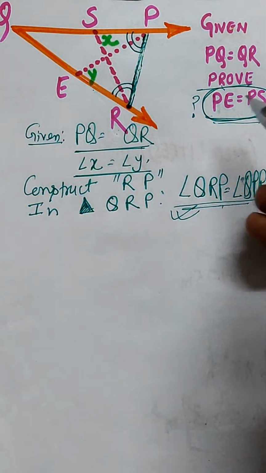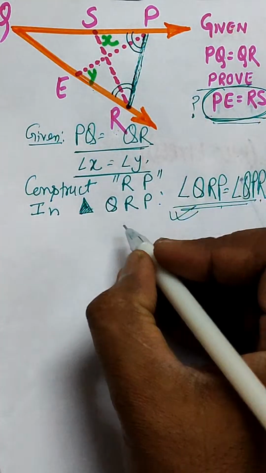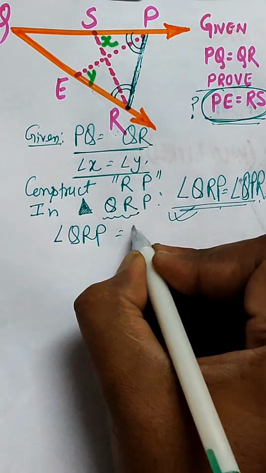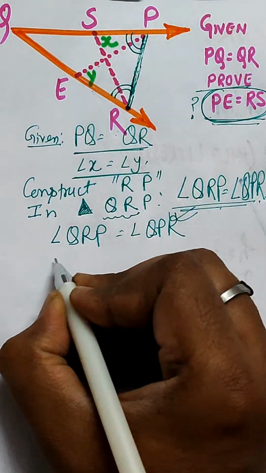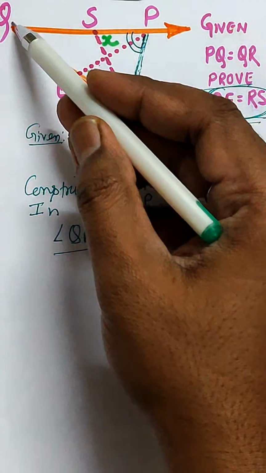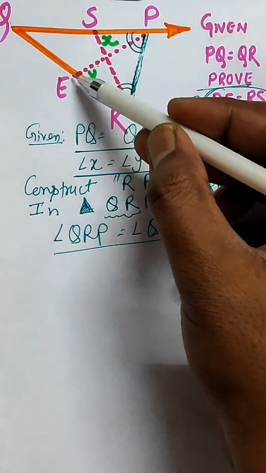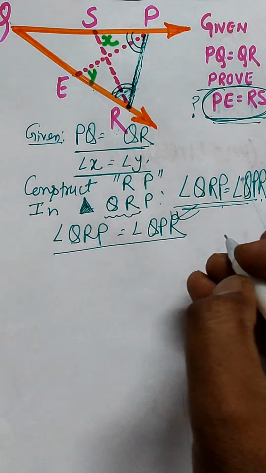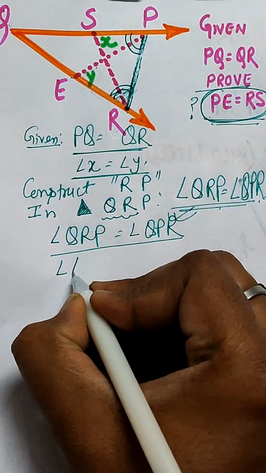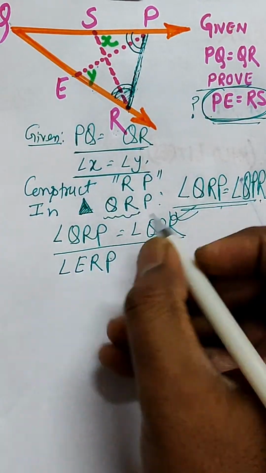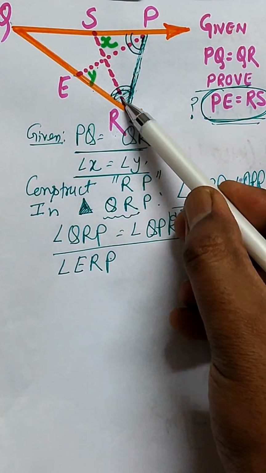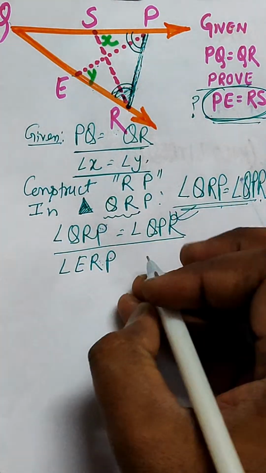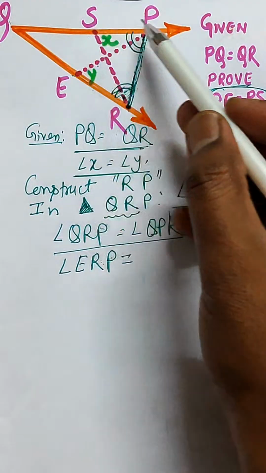Since we have written angle QRP is equal to angle QPR, I am writing it again over here. Why? Because you can see angle QRP can be again written as angle ERP, because both are the same angle, this one. So we can say that angle ERP, this angle, and QRP, ERP are the same, and this can be written as equal to angle QPR.